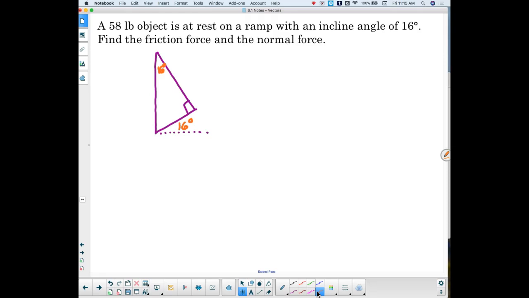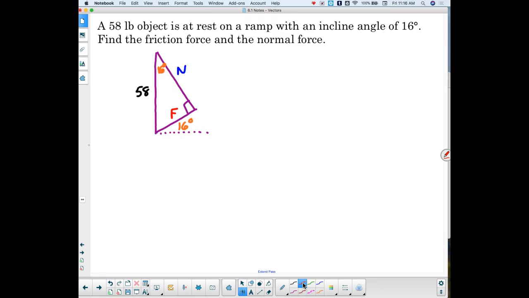So gravity here is going to be 58 pounds. My normal force is there. My frictional force is there.